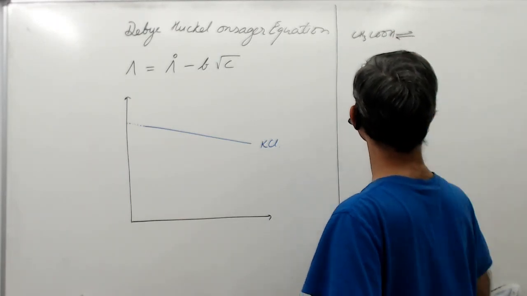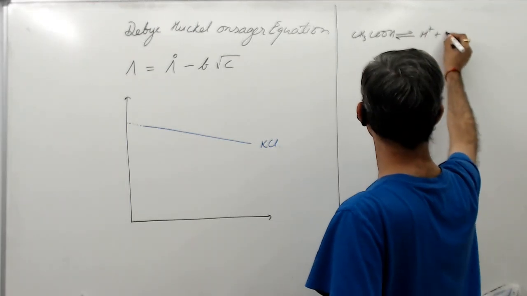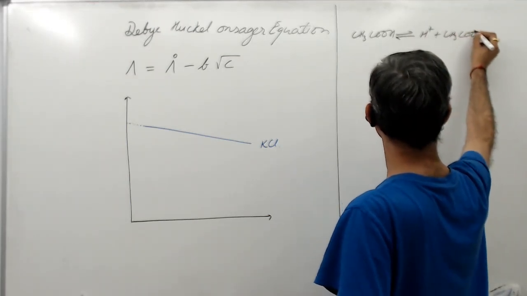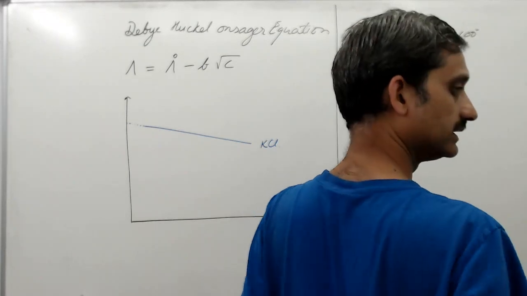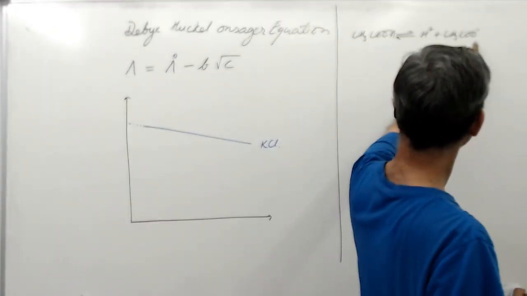CH3COOH is undergoing dissociation and here it forms H plus and CH3COO minus. Are you able to see entirely of it? No sir. Which part? It's visible only up to CH3.